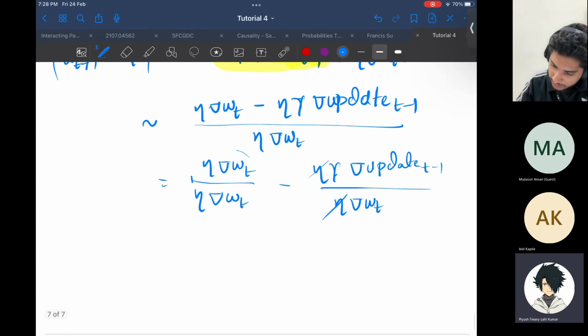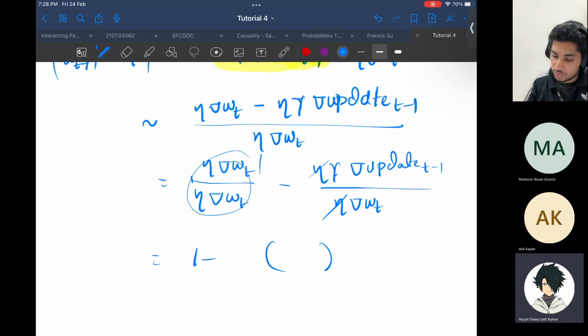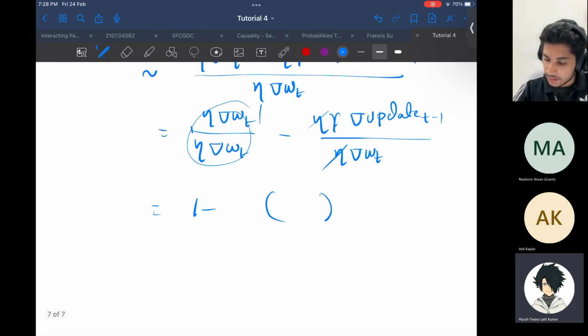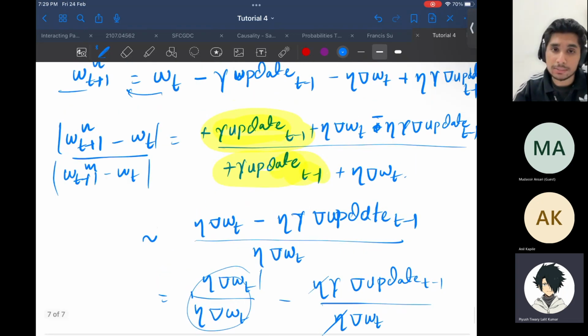This will cancel off. This will become 1. So this is 1 minus some quantity. I hope you will agree that this will be less than or equal to 1, since you are subtracting something from 1.